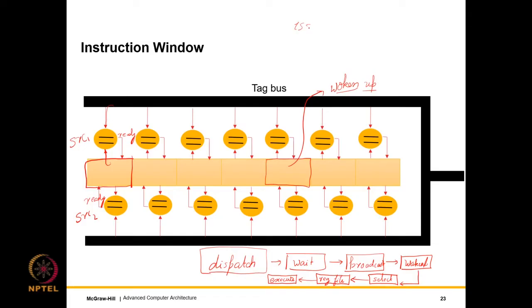If I were to look at it broadly, issue is where I take the instruction window and from it I send instructions to the execution units. So this is said to be issuing to the execution unit. So this process is known as issue.